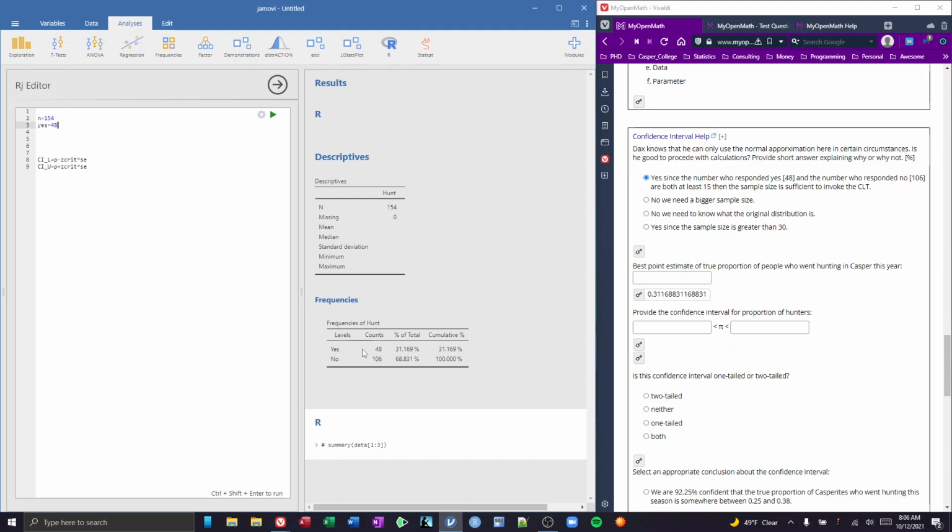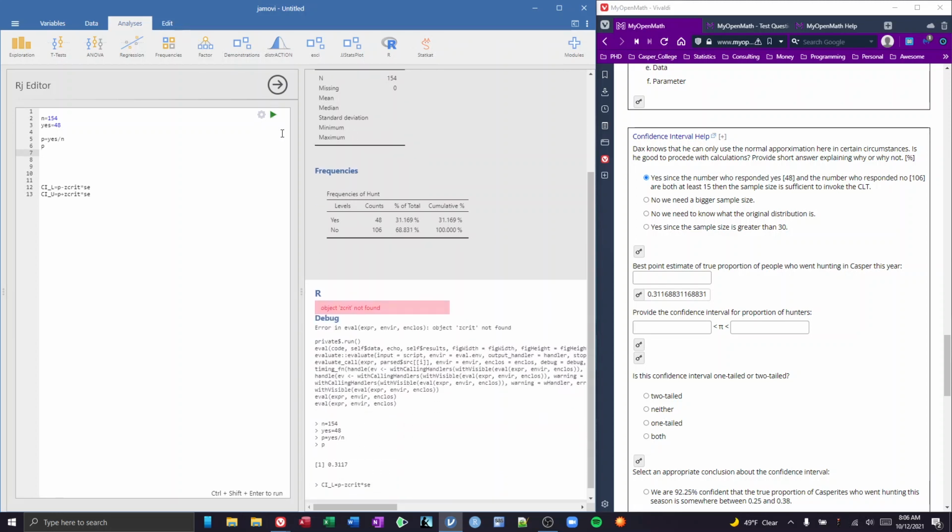We got that down from our frequency table. All right, now our sample proportion P is going to equal yes divided by our sample size N. And that will give us our P. We can just type out P right here if we want to see it, and it should be very similar to this 31. Let's run this real quick.